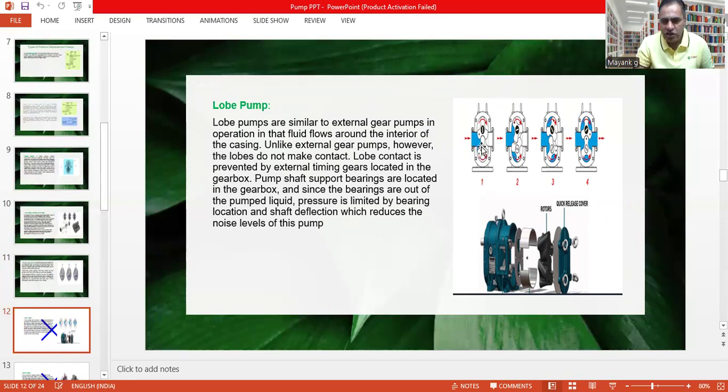As you can see, these are the two lobes. As the fluid gets in, the lobes are not in direct contact. There is a slight clearance between the two lobes, and as these lobes rotate, the only way the fluid has to exit is the delivery port.